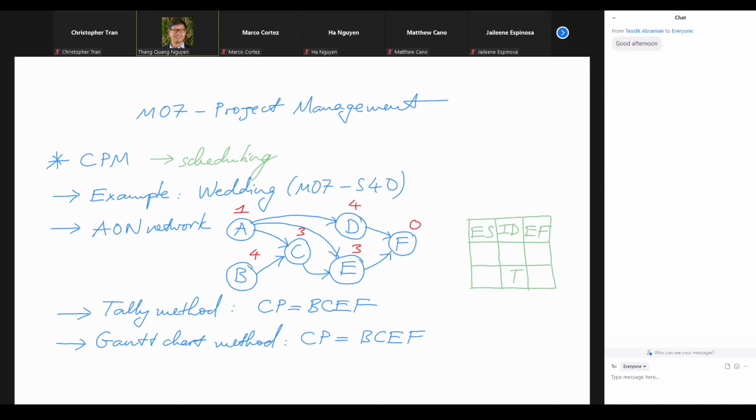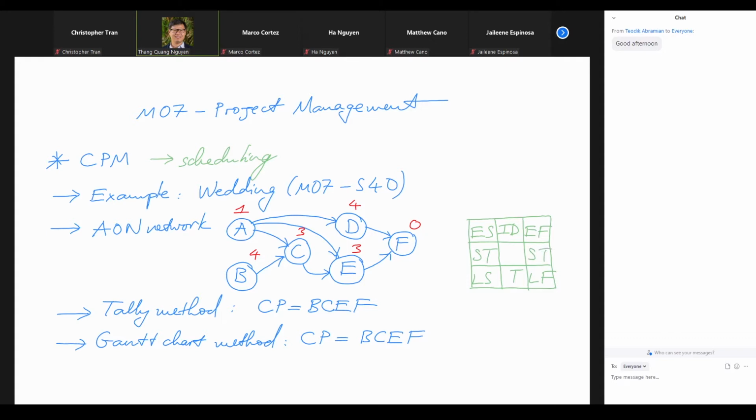And at the bottom row, we fill in the latest start and latest finish for that activity. When can we start and finish it at the latest? So the top is the earliest, the bottom is the latest. And in between, we would find the slack time, or ST, right?